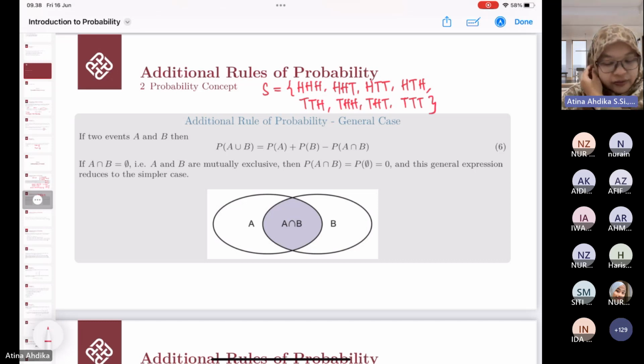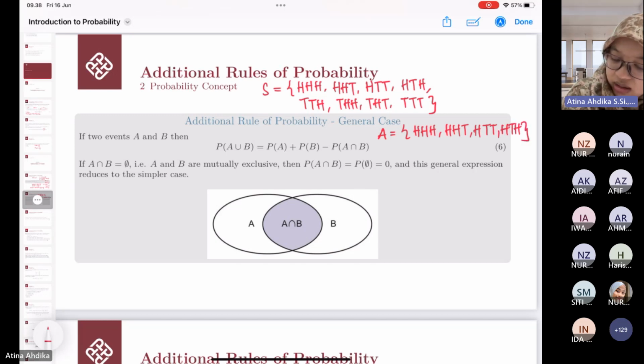And then I have the event A here, which consists of HHH, HHT, HTT, and HTH. And then I have the other event B, which consists of HHT, HTH, and THH.